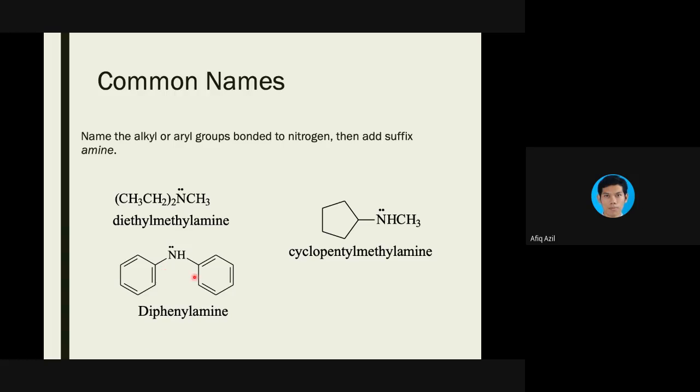But in this case, when there are two, it will be written as diphenylamine. The word di denotes these two benzene rings, and phenyl is the substituent's name. When benzene becomes a substituent, it will be known as phenyl, not benzene. So diphenylamine.